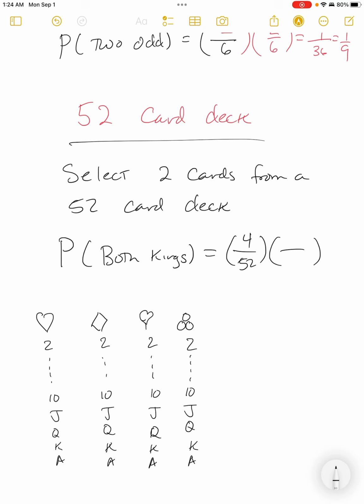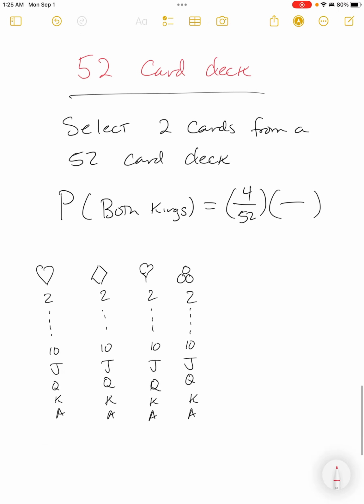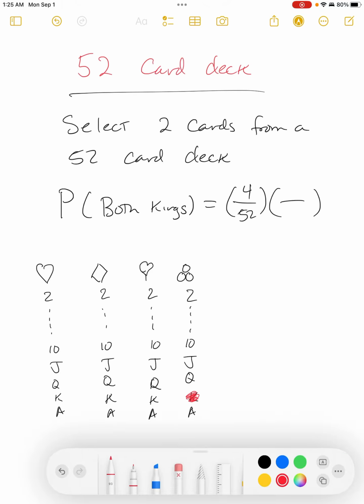Now I have that card. I don't put it back. So unless it tells me otherwise, we go with the natural thing of don't replace the card. So I've been dealt a card, and it is a king. Now I want to know what's the probability that I get a king. So watch pretty carefully. I'll do it in red so it's not just a quick erase. We just selected a king. We don't know which one, but I'm just going to cross one of them out. It's gone. So what's the probability that I get a king now?